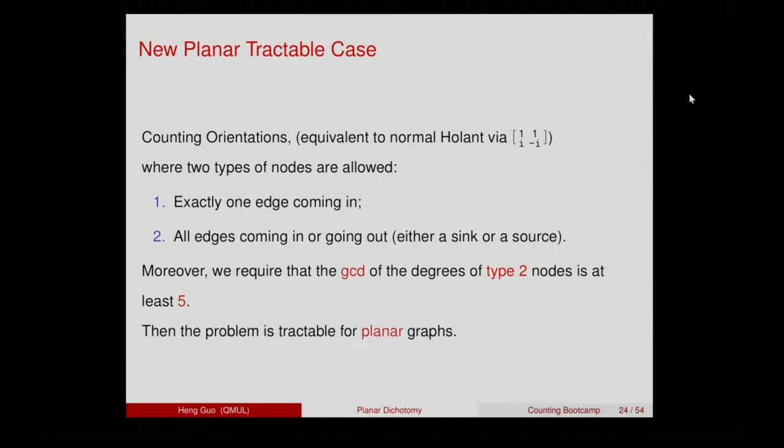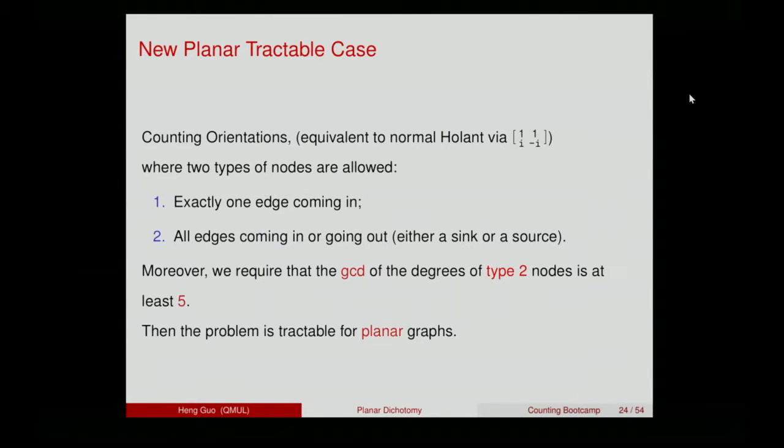And in these orientation problems, we consider two kinds of nodes. The first kind is like the exact-one function. It's like we allow exactly one edge to come in. And the second kind is like equality functions. We allow all edges coming in or all edges going out. So it's like either a sink or a source.